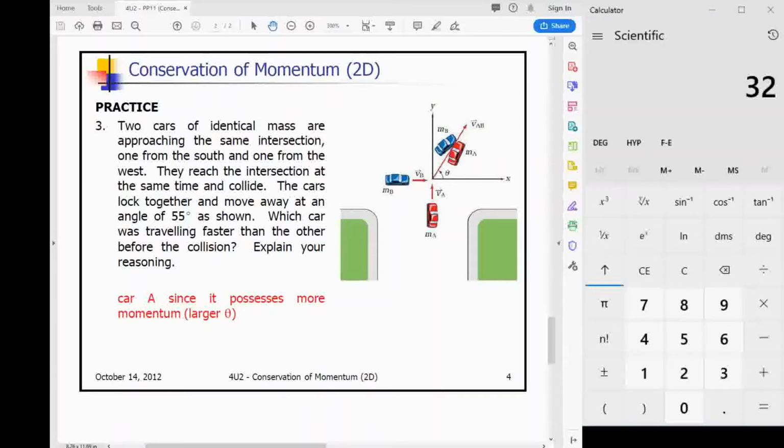So considering that the masses are the same for both, in order for the cars to collide and tilt more towards the direction that MA was traveling, VA must have been greater than VB, because there must have been a greater momentum for MA in order to have the final condition be pushed more in that direction.